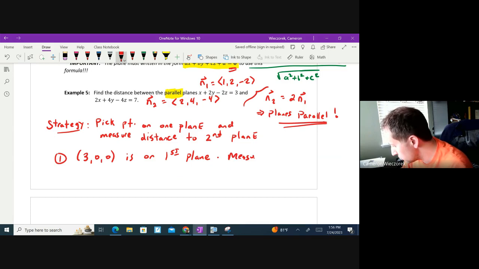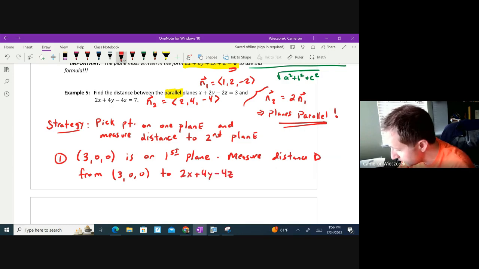So we're going to measure the distance, we'll call it d, from the point (3, 0, 0) on the first plane to the second plane, 2x plus 4y minus 4z. Remember, we have to have 0 on one side, so I'm going to subtract 7 over to the left. Minus 7 equals 0.